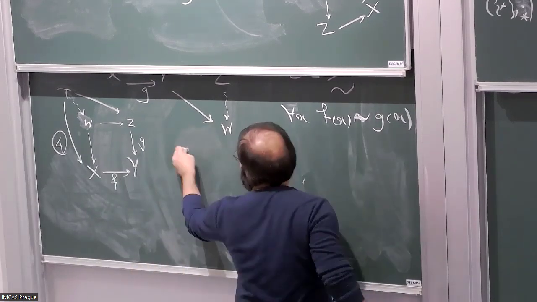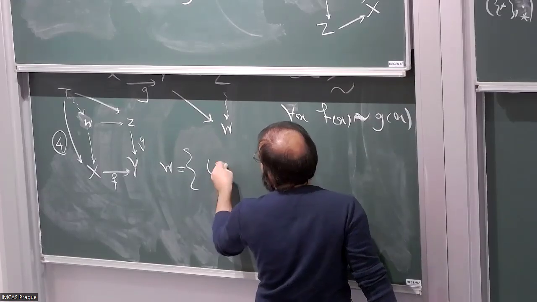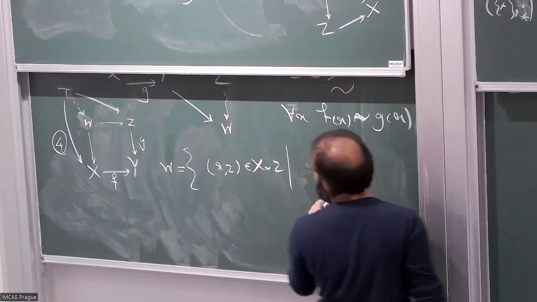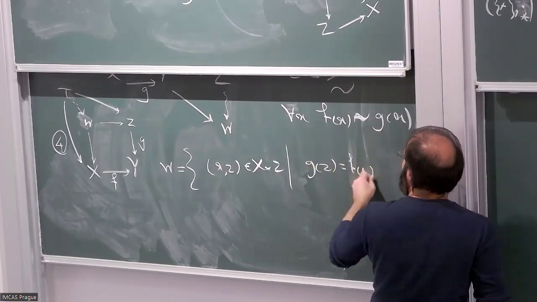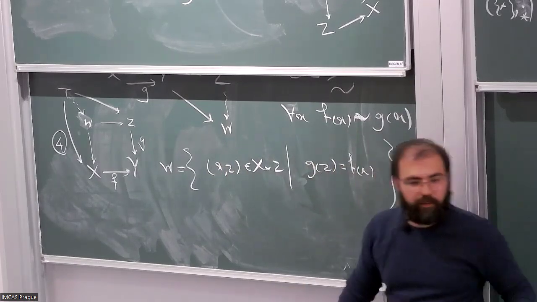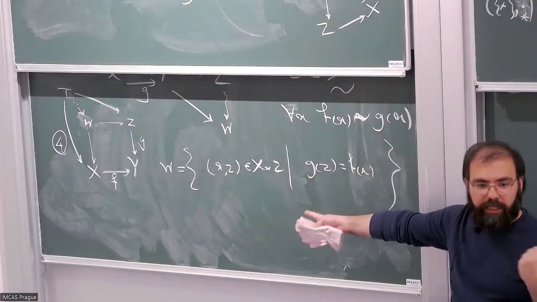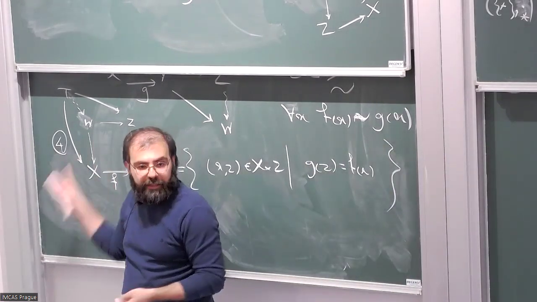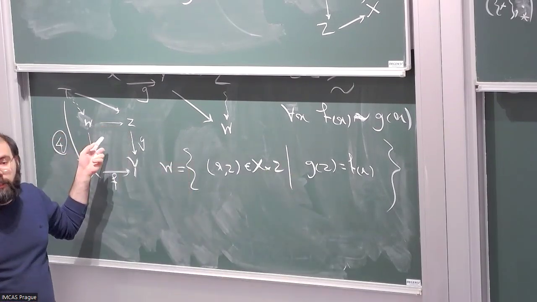If you compute it in set, it is just the pairs x and z in x times z such that g of z is f of x. I'm just doing the obvious thing, right? Pick all of them and then just bring out the ones that make this guy commutative. And since it is all of them, then you have the greatest thing you can compute, right?